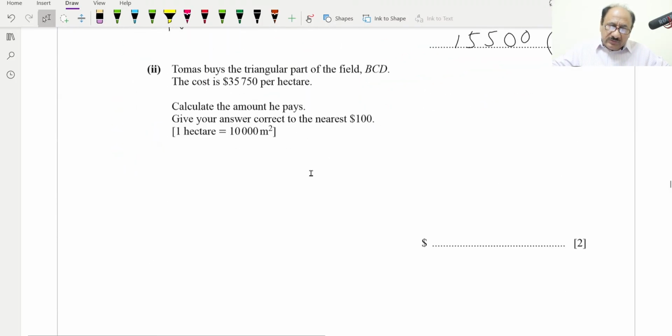Then it says Thomas buys the triangular part of the field BCD. The cost is this much per hectare, and calculate the amount he pays. Answer correct to the nearest 100, and they have provided the scale: 1 hectare is equal to 10,000 meter square.